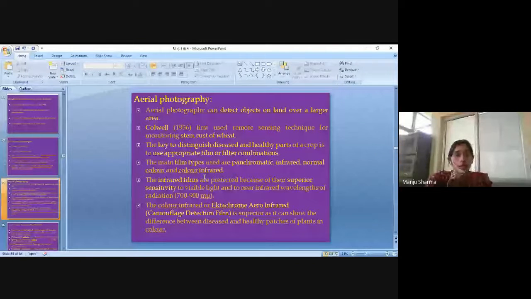First is aerial photography. Colwell in 1956 first used the remote sensing technique for monitoring stem rust of wheat. The key to distinguishing diseased and healthy parts of a crop is to use appropriate film or filter combinations.